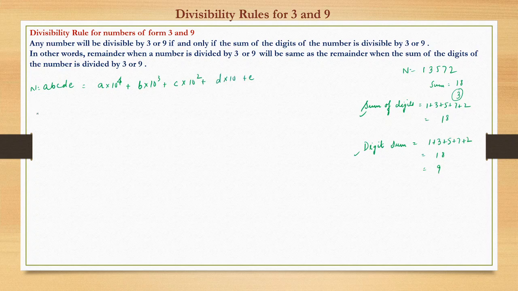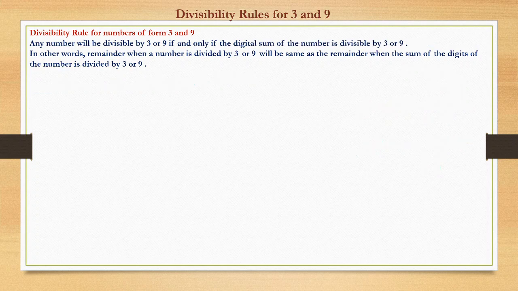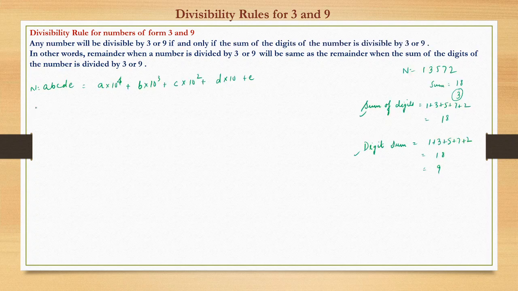Now if I divide this by 3, what am I left with? This is like a into 10 raised to power 4 by 3 plus b into 10 raised to power 3 by 3 plus c into 10 raised to power 2 by 3 plus d into 10 by 3 plus e by 3.